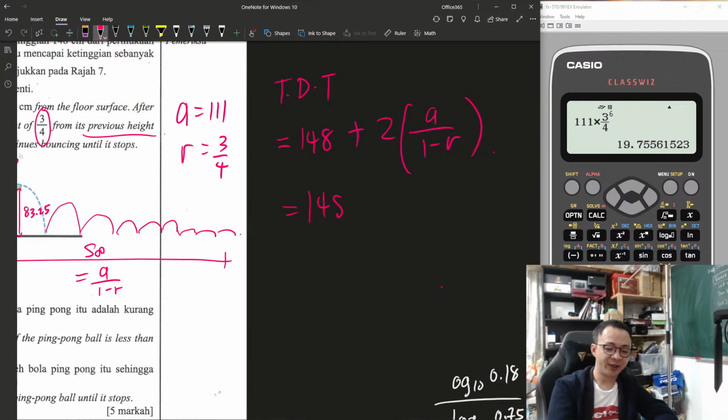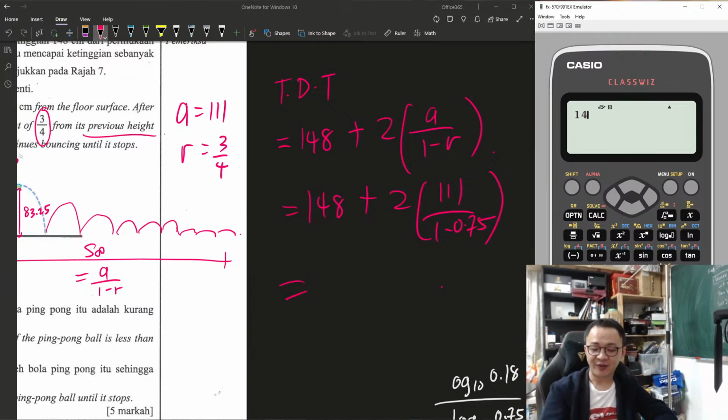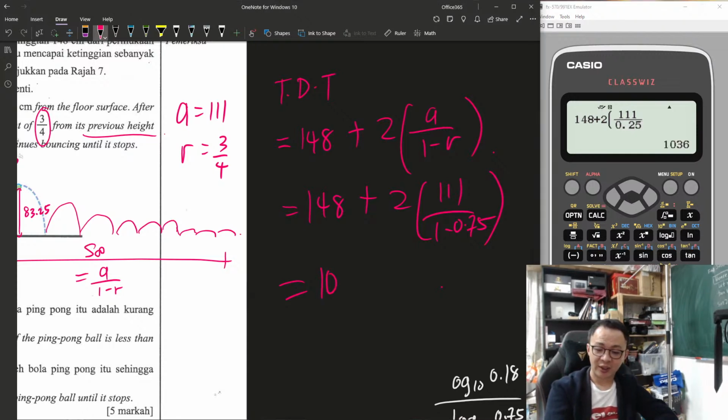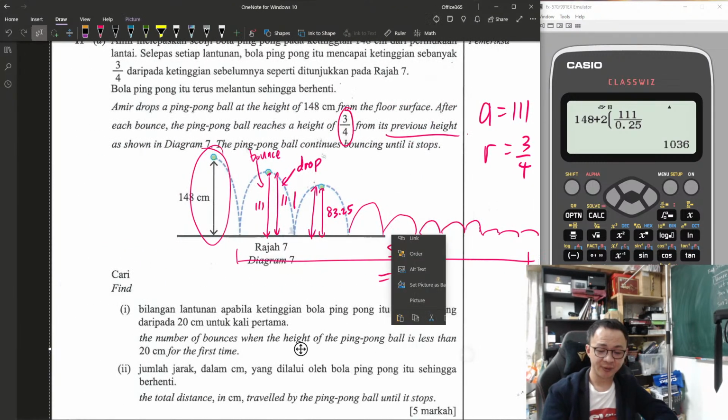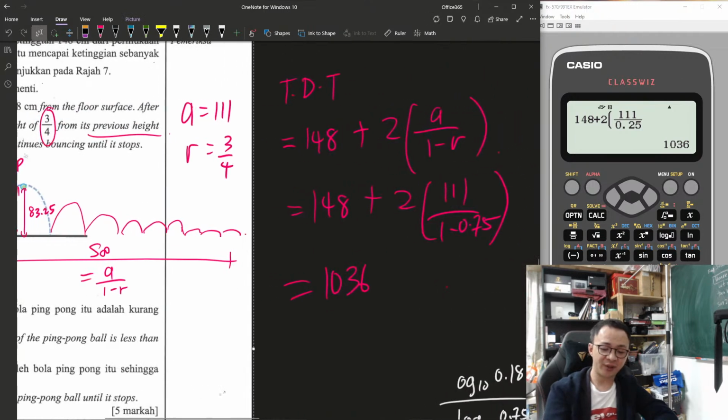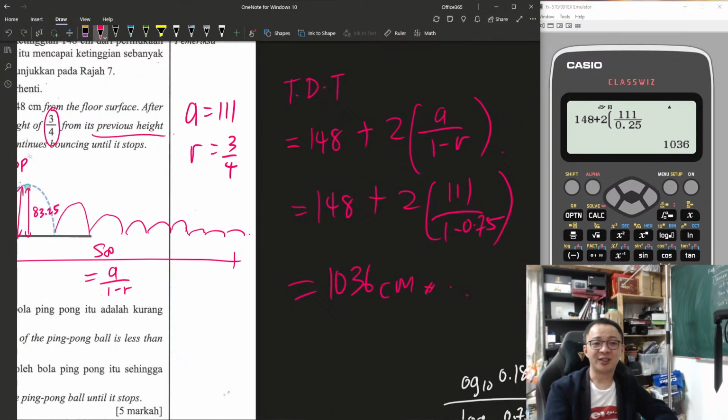So 148 plus 2, my a is 111, my r is 0.75. Just type everything in the calculator, then I can get my total distance. So is it meter or centimeter? Centimeter. So the total distance traveled is 1036 centimeter.